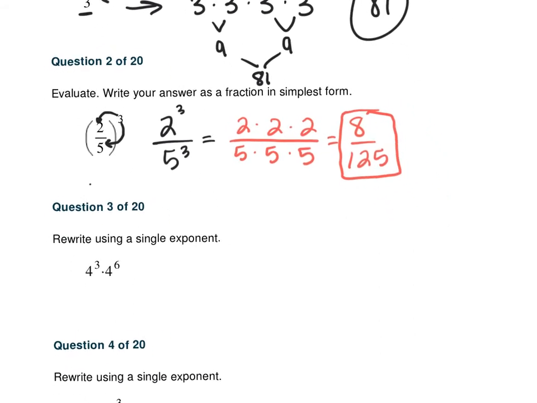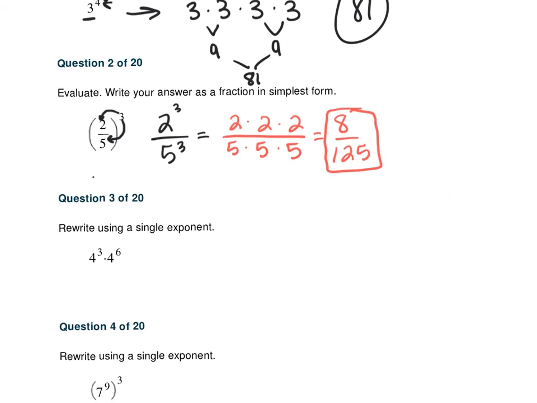Another way you could think of question 2 is if I have 4 to the 3rd power, what I'm saying is 4 times 4 times 4. So if I take 2/5 to the 3rd power, all I'm saying is 2/5 times 2/5 times 2/5.